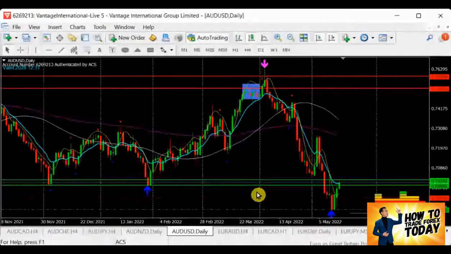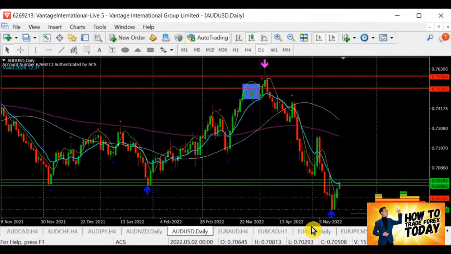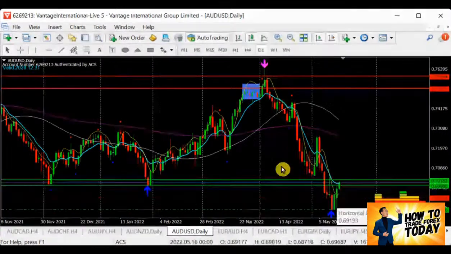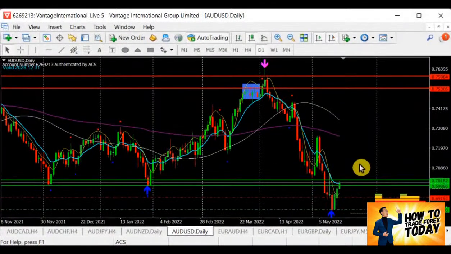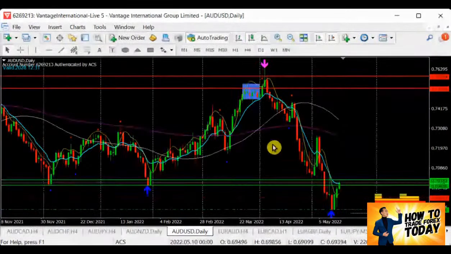Yes, we are still in the bear, but we don't go in one straight line down. We have up and down, and today we are having the upward move. So today we are having an upward move, but does it mean that we are going to buy? No, not necessarily. After the selling, the buy is coming out here.